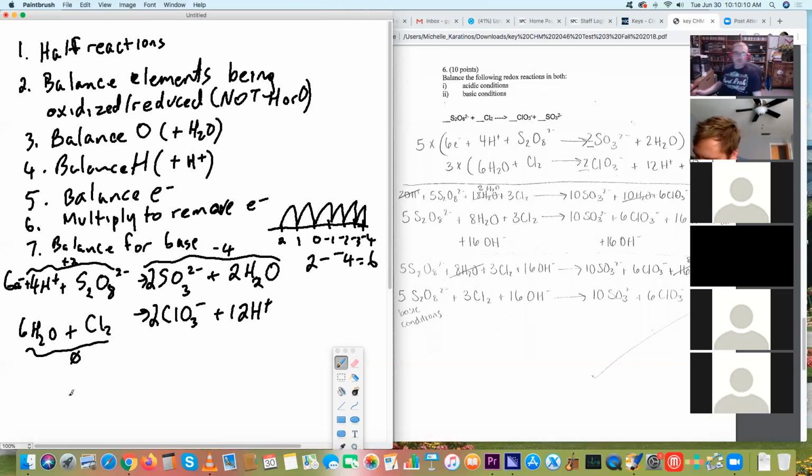And if something doesn't have a charge on it, always assume it's 0. So water and Cl2 here, they're both 0. Now on the other side, we've got a total of +8. So we'd add 8 electrons to that side.